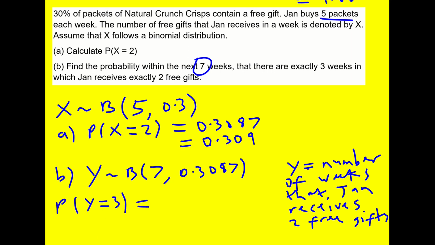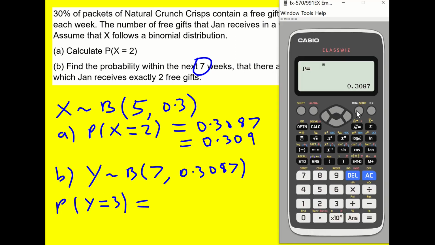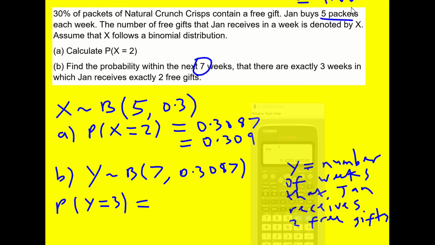And we can use this binomial distribution above. So we're interested in, although it says X, we're now using little y this would be. So 3, there are 7 trials. We know that it happens 0.3087 of the time. And there we have it, the probability of there being 3 weeks when Jan receives exactly 2 gifts is going to be 0.235.